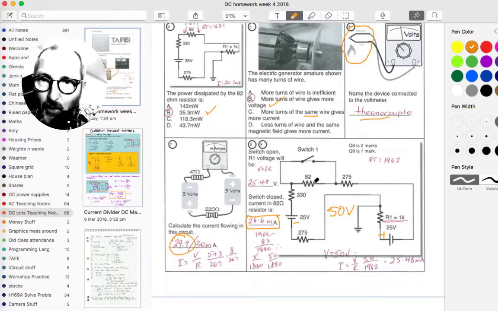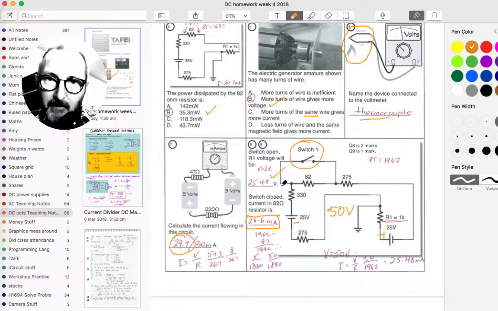We've got all of those resistors in circuit because the switch is open. So we had to add that to that to that to that to that. Then we work out the total current, and then we can multiply that current by the resistance, and we can get the voltage, V equals I times R. And that was in fact 25.48 volts.